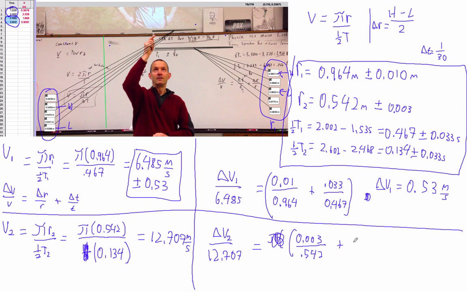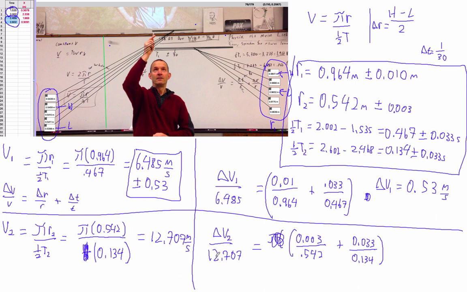And then the uncertainty of this time is 0.033 divided by 0.134. Now, I expect this uncertainty to be bigger because the uncertainty of time is the same, but this time is much smaller, right? So this will be a bigger fractional uncertainty.